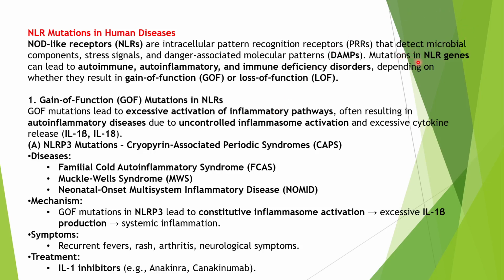So the basic mutations in NLR genes lead to autoimmune disease, autoinflammatory disease, immune deficiency disorders, etc. Whether they result from a gain of function or a loss of function mutation is then classified.